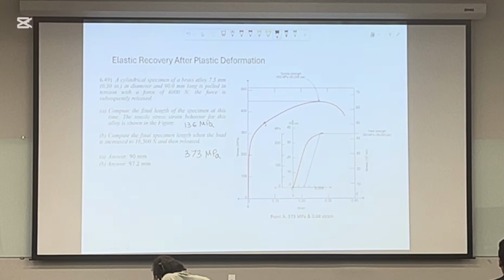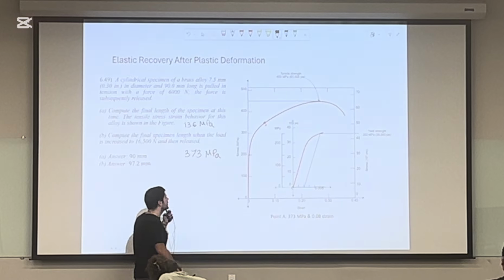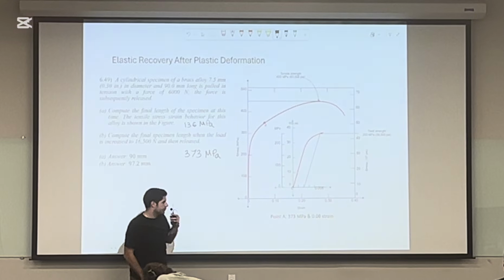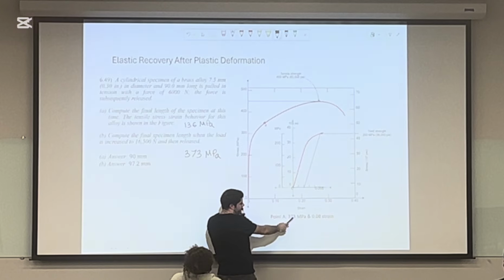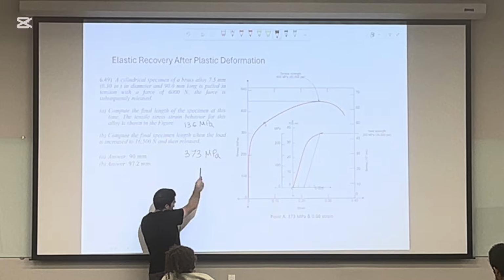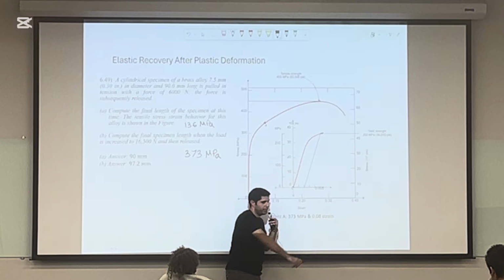So this one, we are in the plastic region, somewhere around here, which is point A. If you look at point A, you have 373 megapascal, which is the stress we calculated. And at that point, the strain is 0.08.